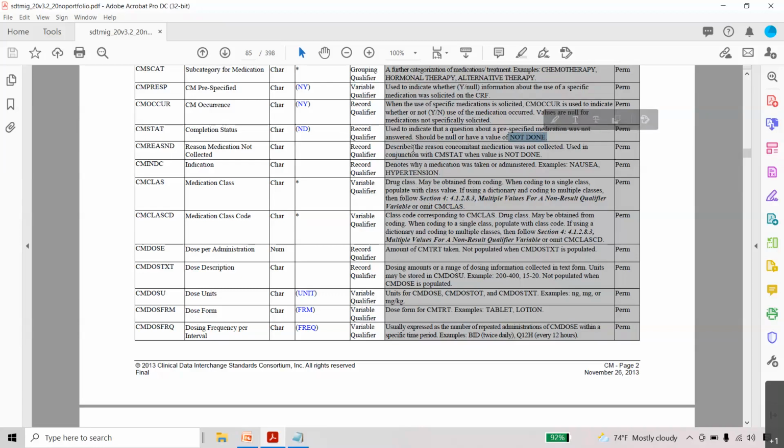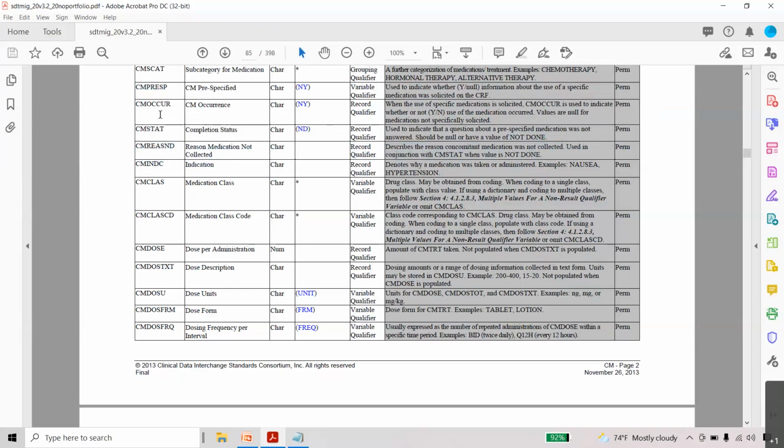The reason why the subject has not taken it is present in the reason for medication not collected. So these are CM pre-specified, CMOCCUR, CM status, and CM reason not done.